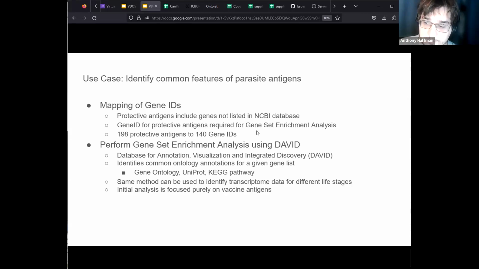Ideally, this methodology can also be applied to identify transcriptomic data for different parasites in different life stages, which we could use to better understand some of these patterns later on or for other interactions. But as part of the initial analysis, we were purely focused on just the vaccine antigens that we have seen for the list.